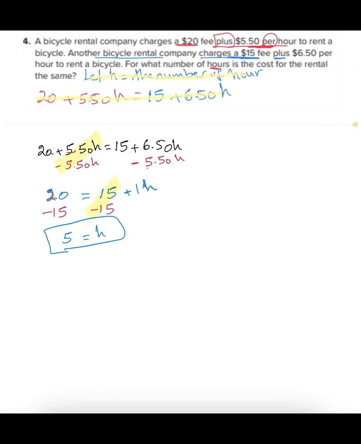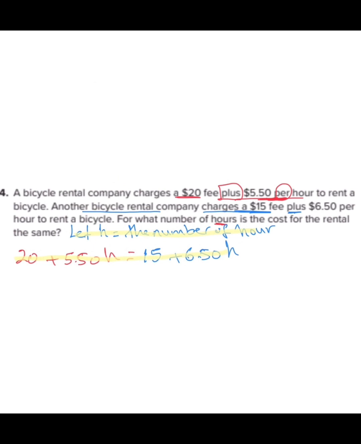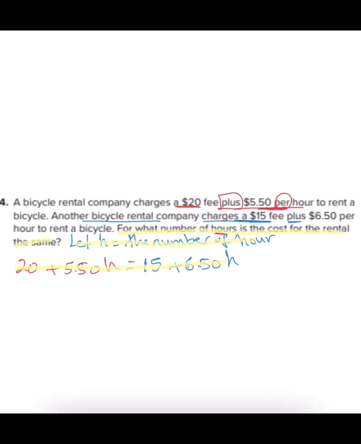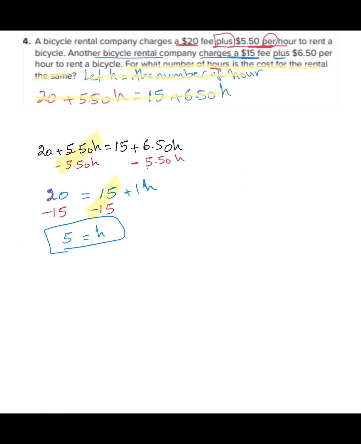So h equals 5. They ask for what number of hours the cost of the rental is the same: for 5 hours. At 5 hours the rental will be the same.